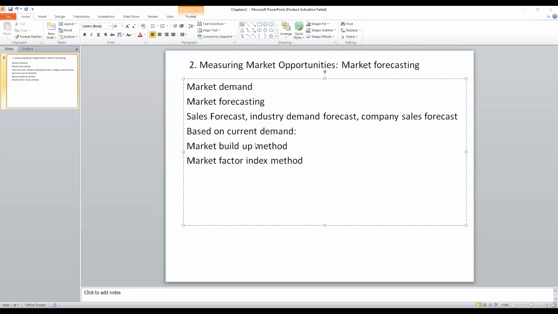Now, here, what is a market? It's a set of all actual and potential buyers of a product or a service. Usually we say a market is a place where a set of buyers and a set of sellers come together to exchange.